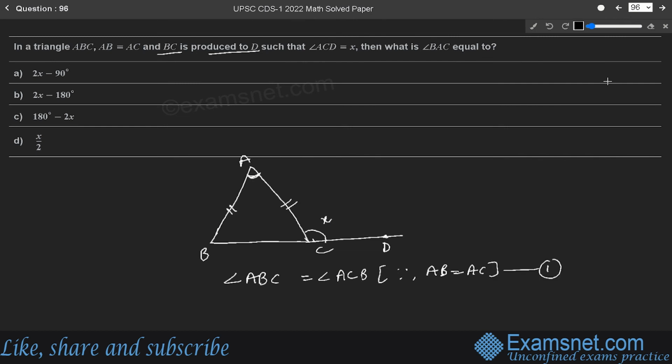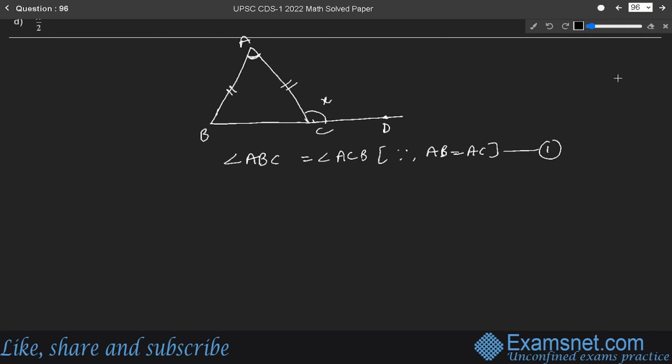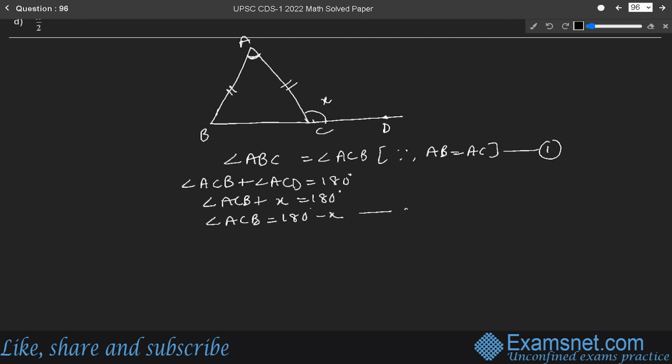Now, according to the figure, angle ACB plus angle ACD will be equal to 180 degrees. We know that angle ACD is X, so angle ACB plus X is equal to 180 degrees. Therefore angle ACB is equal to 180 degrees minus X. Let this be equation number 2.